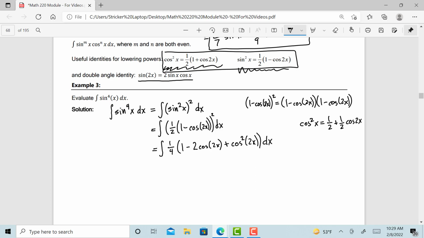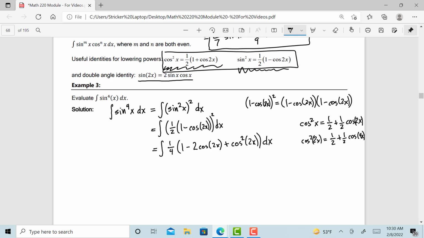But we don't have cosine squared of x, we have cosine squared of 2x. So wherever there's an x, we're going to put a 2x. So we're going to have 1/2 plus 1/2 of now the cosine of 4x, cosine of 4x instead of 2x.